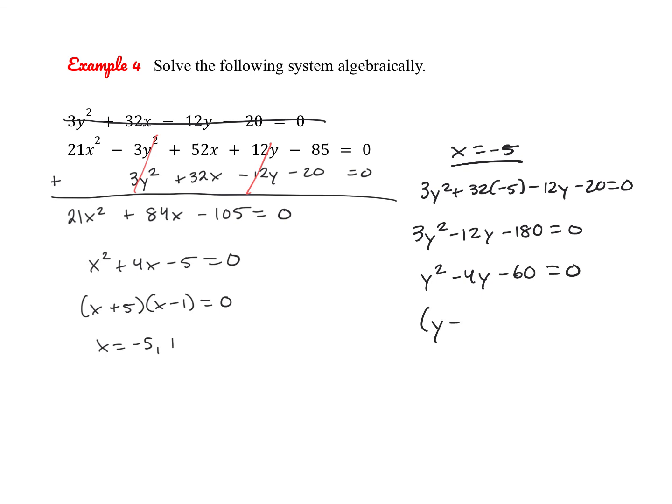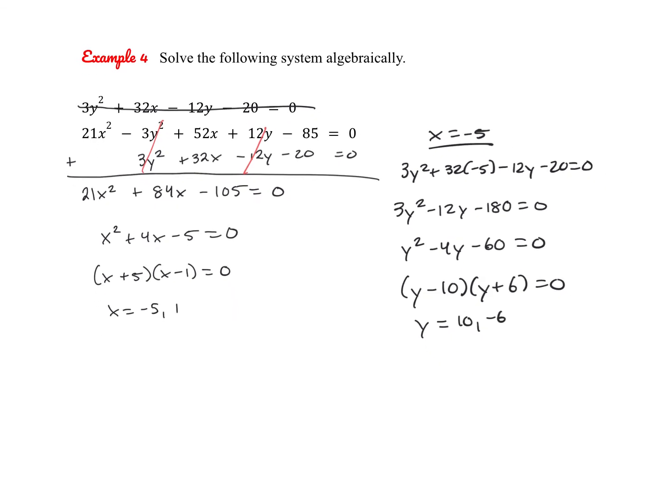So here we should get (y minus 10) times (y plus 6) equals 0. So we get two values for y here: +10 and -6. So from just this x value, we have two coordinates that would be part of our solution. So far we have the coordinates -5, 10 and -5, -6.